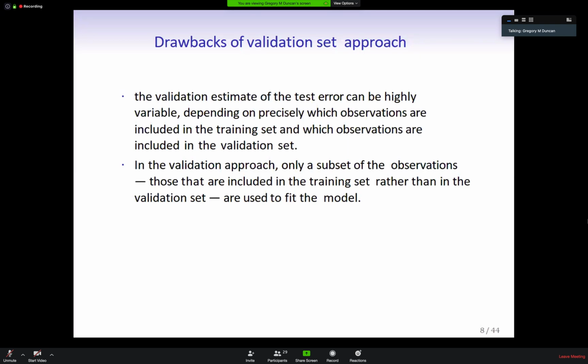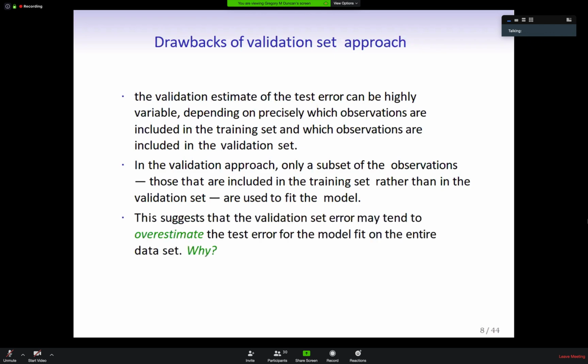In the validation approach, only a subset of the observations, those that are included in the training set, are used to fit the model. This suggests that the validation set error may tend to overestimate the error for the model fit. Anybody know why?